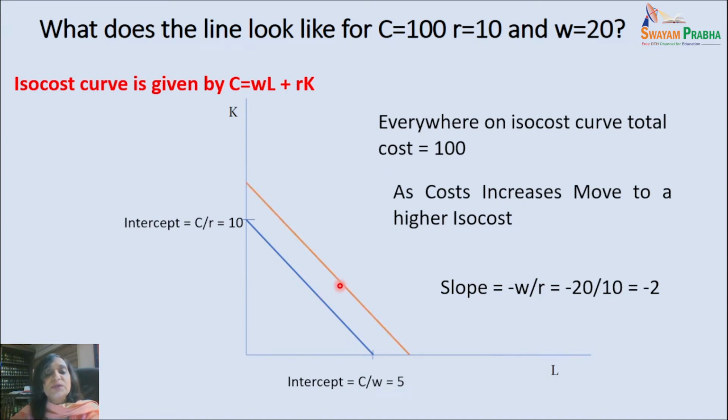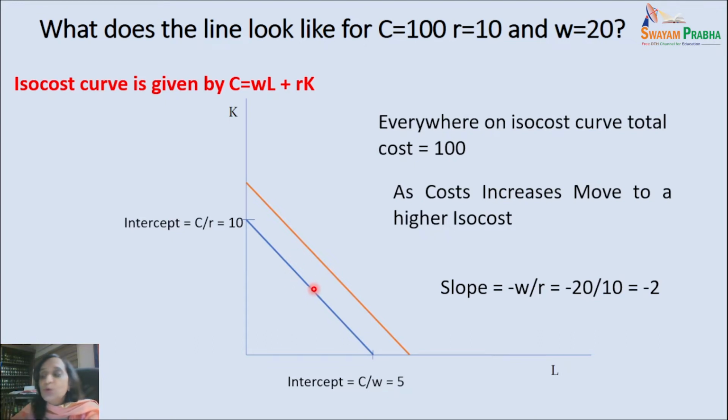As we are seeing, a higher cost represents a higher isocost line. So if your budget as a producer increases from 100 to 150, then keeping the price of labor and price of capital constant, you will be able to afford more of both the inputs.